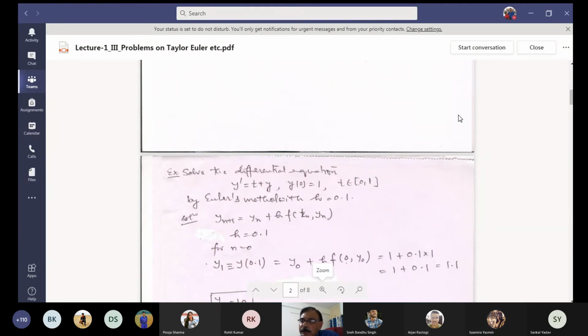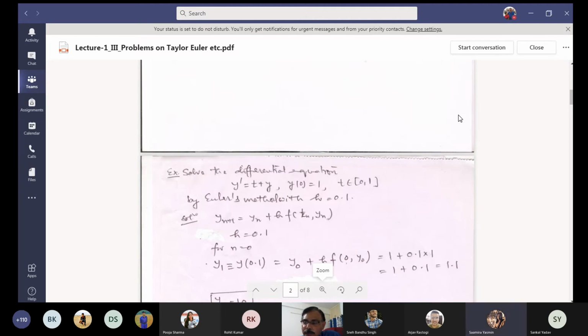First you see the Euler method. The Euler method is y_{j+1} equal to y_j plus h times f_j plus the error term, where f_j means f of x_j, y_j. At the stage of y_{j+1}, the previous value y_j is known to you.